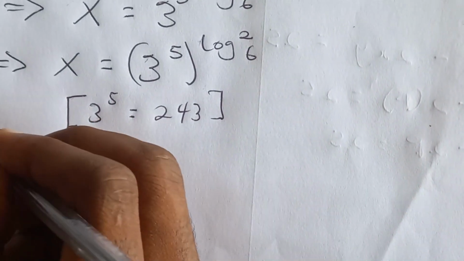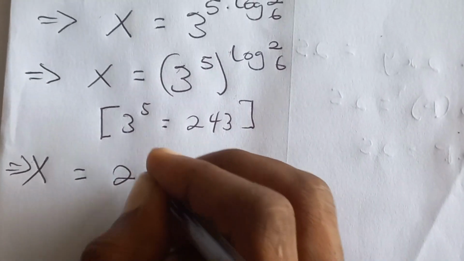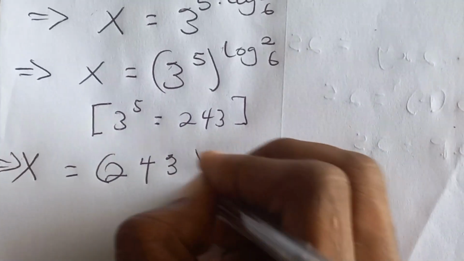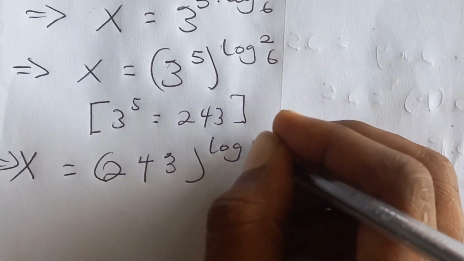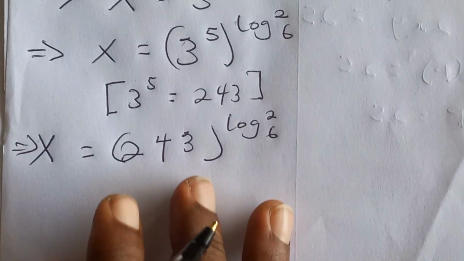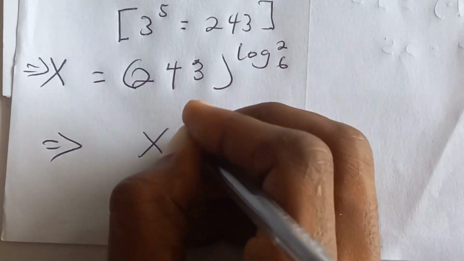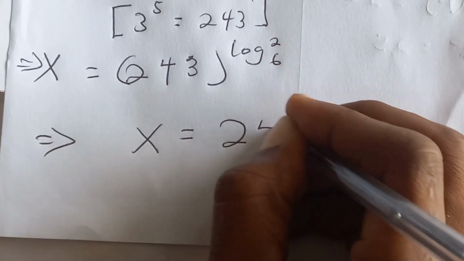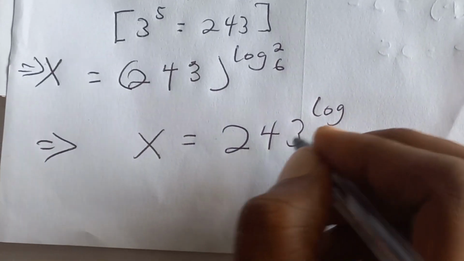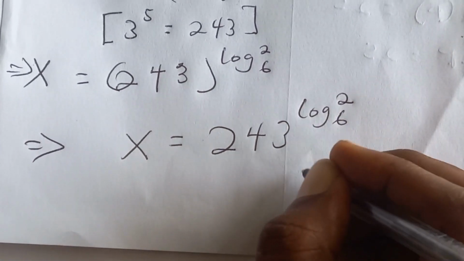So we can say that x is equal to 243 exponent log 2 base 6. So our final answer is going to be x is equal to 243 exponent log 2 base 6.